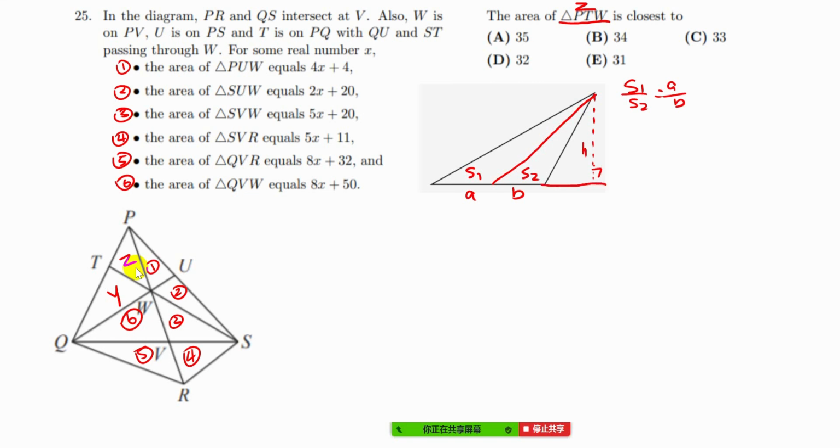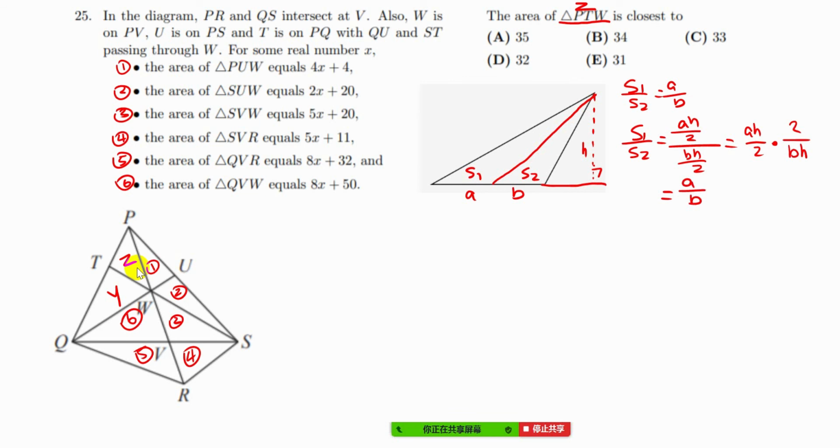We can also prove it because S1 over S2 would be base times height divided by 2, so AH divided by 2 over BH divided by 2. Then this equals AH over 2 times 2 over BH, and then we can cross out the 2's and the h's, so this gives us A over B. So S1 over S2 would equal A over B.